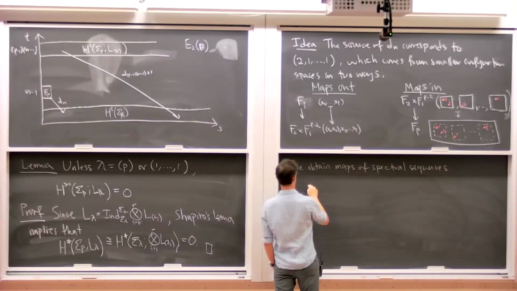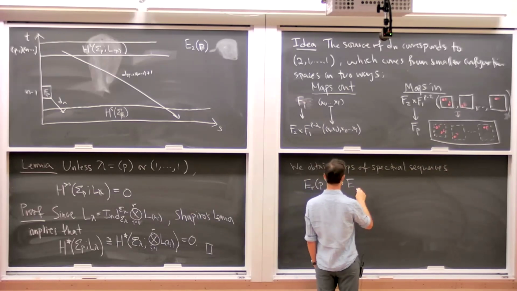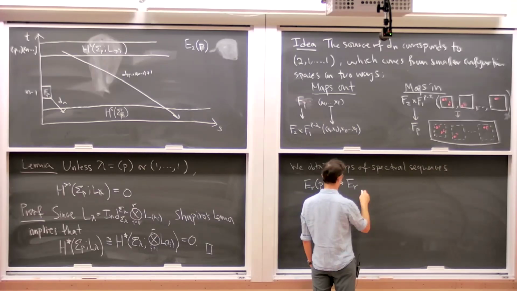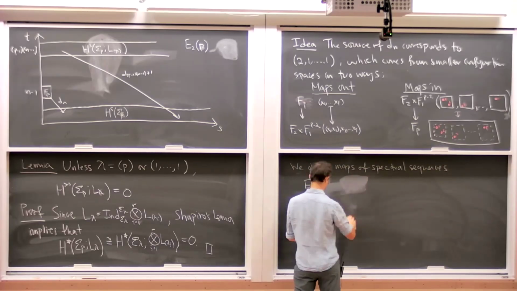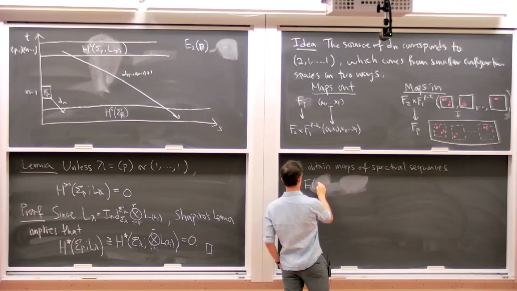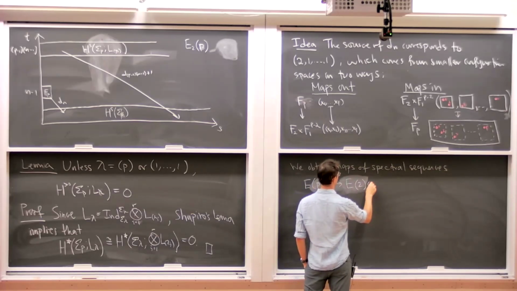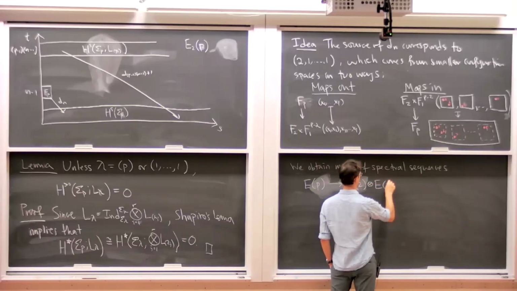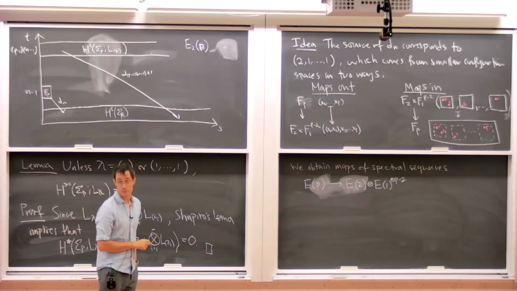The spectral sequence for p particles maps to the tensor product of the spectral sequence for 2 particles with the p minus 2 tensor power of the spectral sequence for 1 particle.